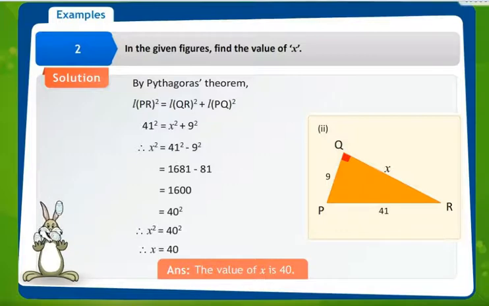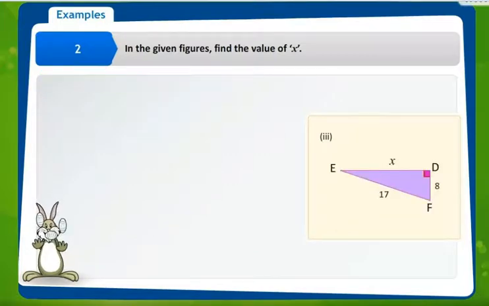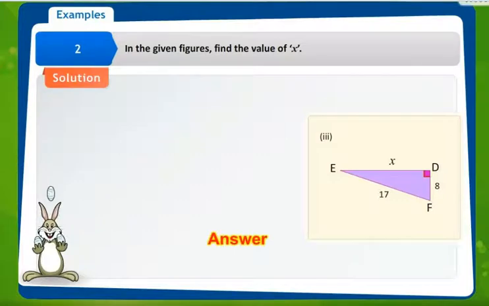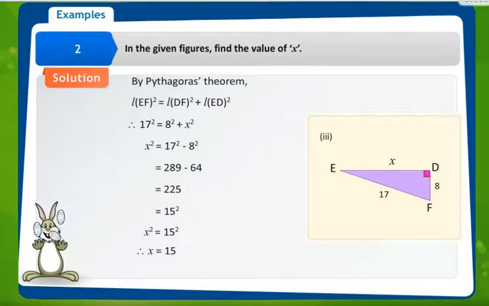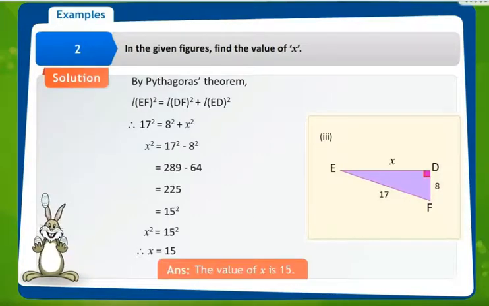This is how when two sides are given, we can find the third side. Another example, in triangle DEF, D is the right angle. So by Pythagoras theorem, length of EF square is equal to length of DF square plus length of ED square. Now EF square is 17 square, DF is 8 square, ED is x.